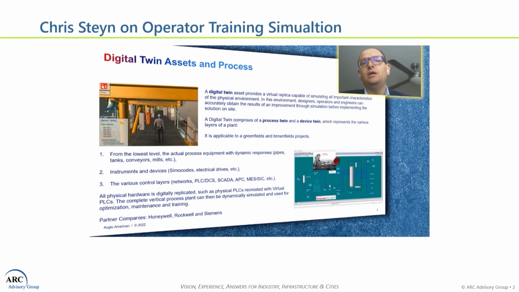And on top of that, we have our virtual layers, which typically start with the PLC or the DCS, the SCADAs, the advanced process control, the manufacturing execution systems, or the short interval control, and all the advanced layers on top of it. All physical hardware is digitally replicated. We'll be talking about that, such as the physical PLCs becoming a virtual PLC, and the actual plant becoming a virtual plant. Our partner company for this is Honeywell. We use Rockwell and Siemens PLCs also fairly widely.